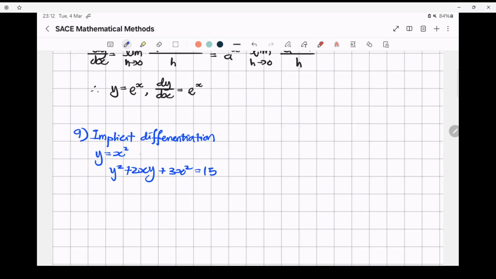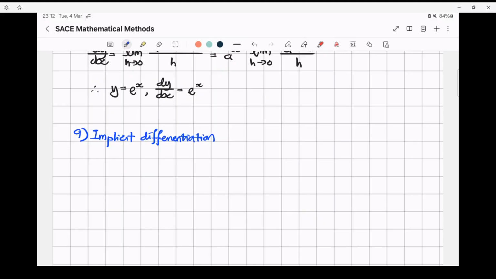So this is what we call an implicit function. There is a way for us to differentiate implicit functions, called implicit differentiation. Basically, you differentiate the whole equation with respect to x and then with respect to y. And that's it.